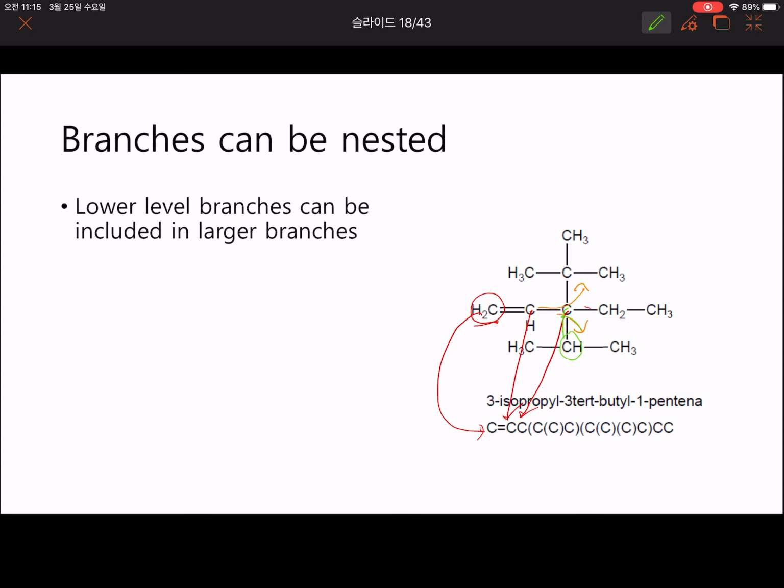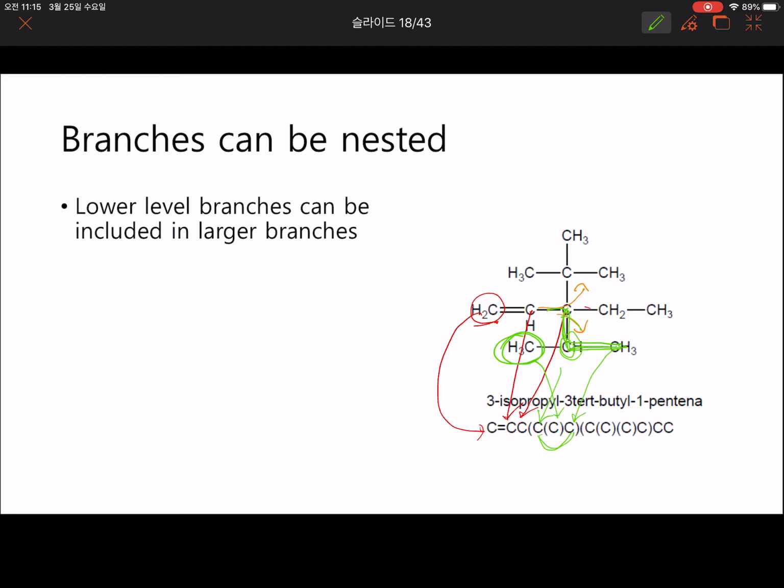So if you follow this path, then the next C comes to here, and we have to represent that this one is branched, and this one is put into here, and this C and this C are connected, right? So this one corresponds to here.